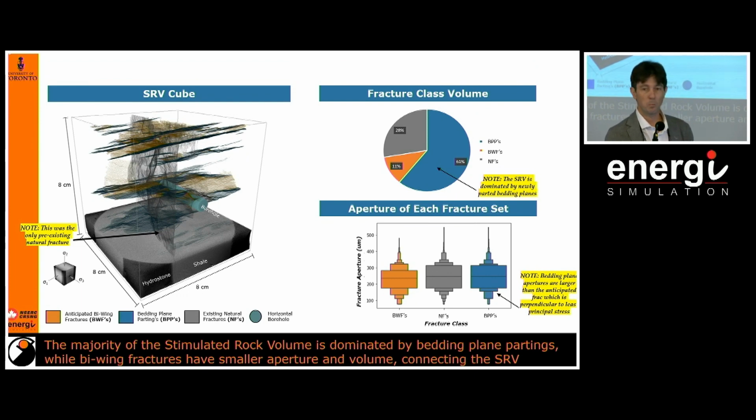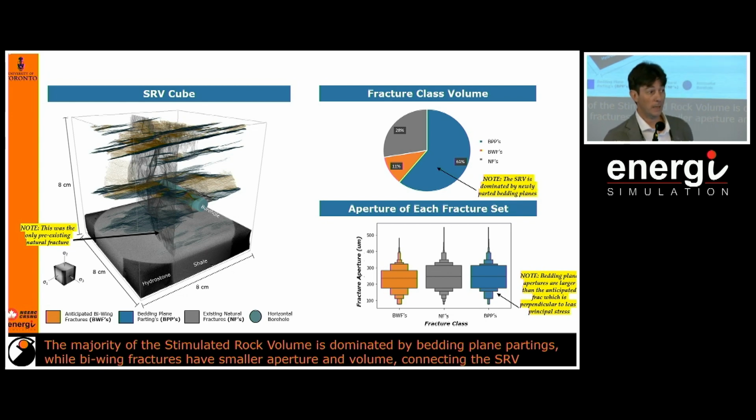Now, when you look a little more in depth at the results, what you can see is the bi-wing fracs are really a minimum percentage of the fractures that were activated and developed in our cube. About 60% of those fractures are actually bedding planes that are completely discounted in the models up to date.